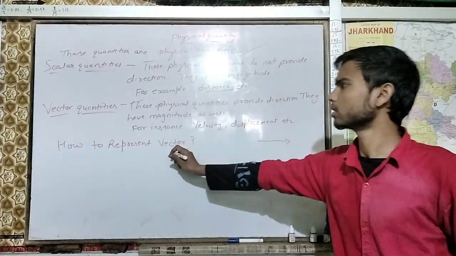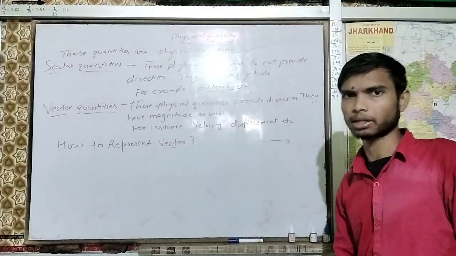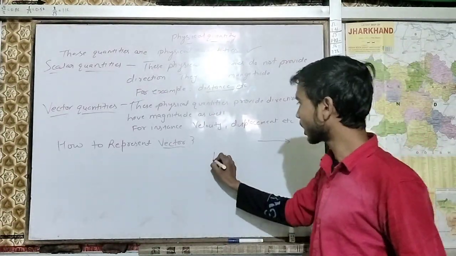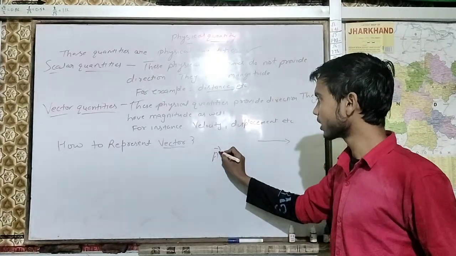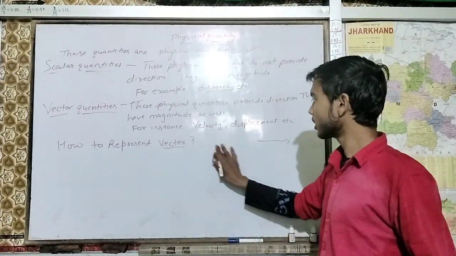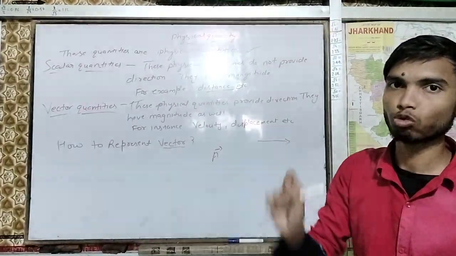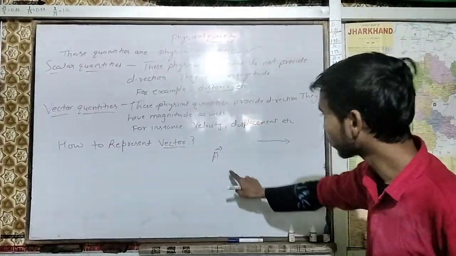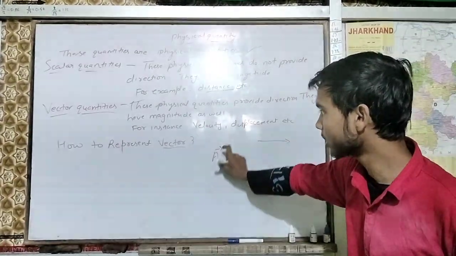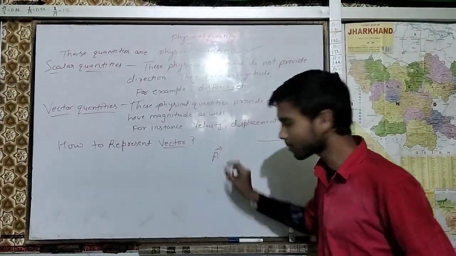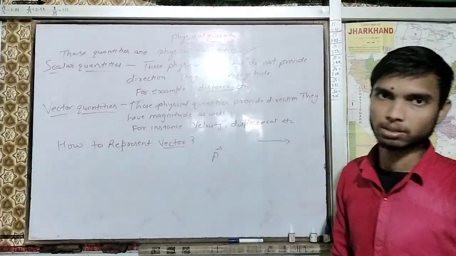Rather than writing the word vector again and again, you can use this symbol, and we use it like that, a vector. Here we are saying a is the magnitude, but this arrow is for direction. We are understanding that yes, there is a magnitude, and this arrow is a direction.